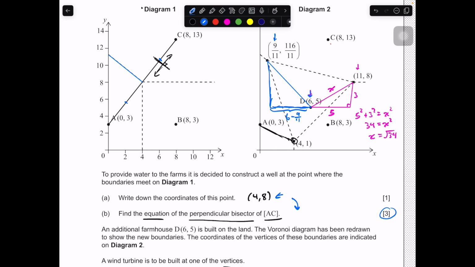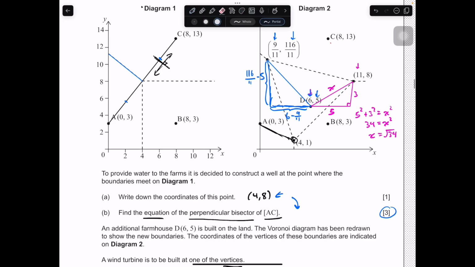And if we're at 5, for example, in our y value, and we go up to 116/11, we can also represent this as 116/11 minus 5. And potentially we could put this into a calculator and write this out as a decimal. That would be okay.